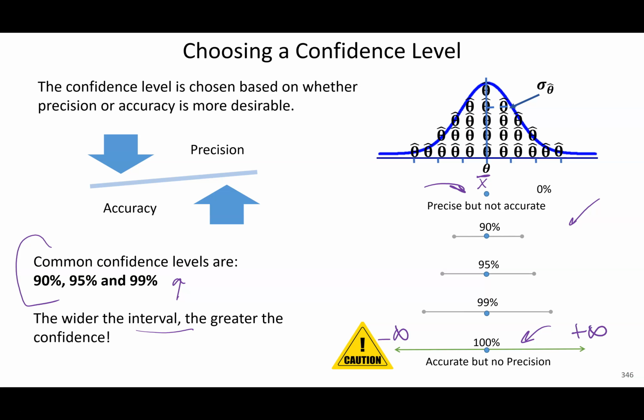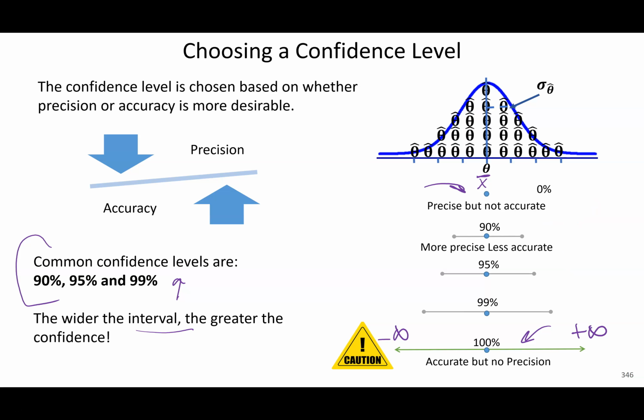It goes on forever in both directions. It's like saying, what is the average test score out of 100? And I say, I have 100% confidence that the average is between 0 and 100. It's not useful because it's so wide. So we usually go between 90, 95, and 99.